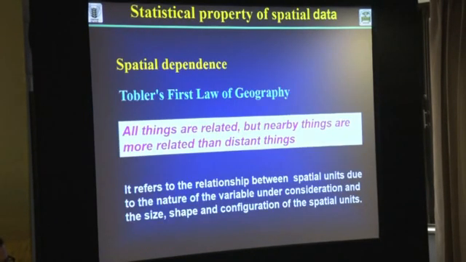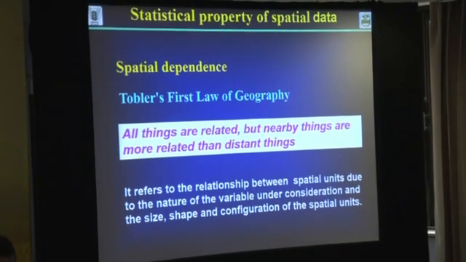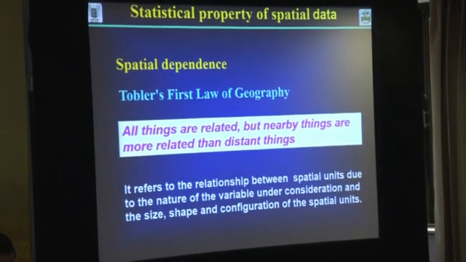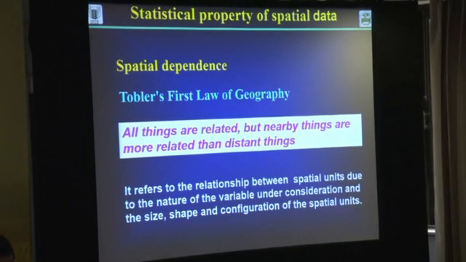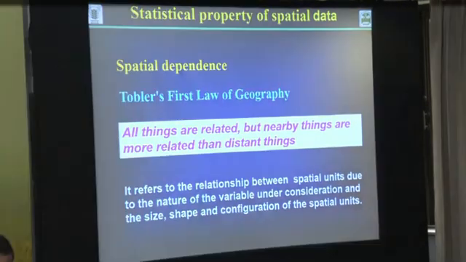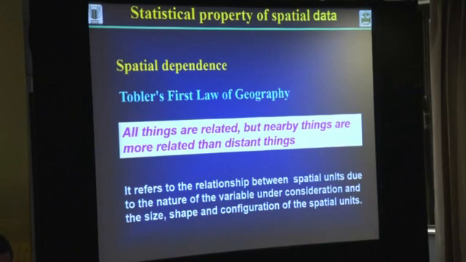So the unique statistical property of spatial data, that is spatial dependence, needs special emphasis on how the statistical techniques should be modified, whether it is basic or descriptive statistics, or spatial designs or designs of experiment.